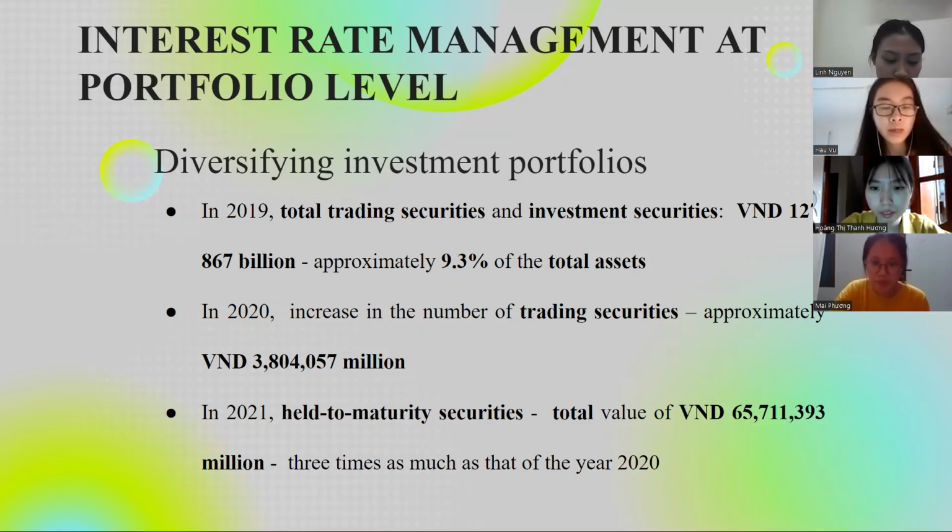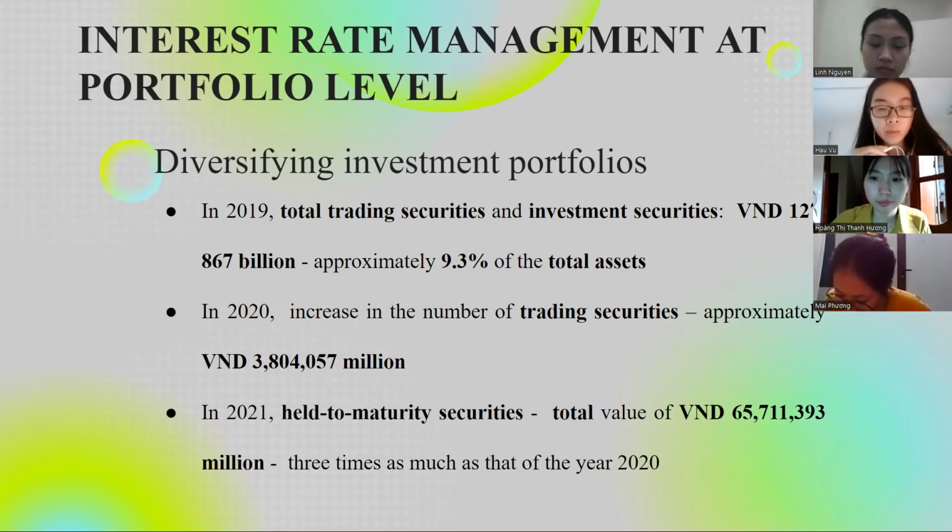In 2019, BIDV diversified its investment security portfolio to manage and control interest rate risk. Significantly, the total trading security and investment security were 127,867 billion, equivalent to approximately 9.3% of total assets.